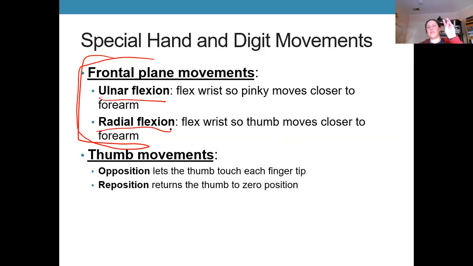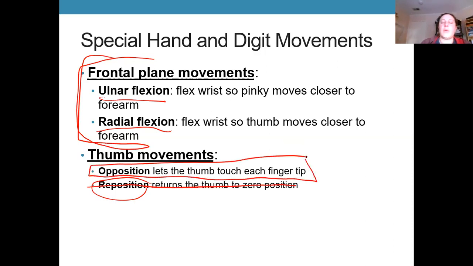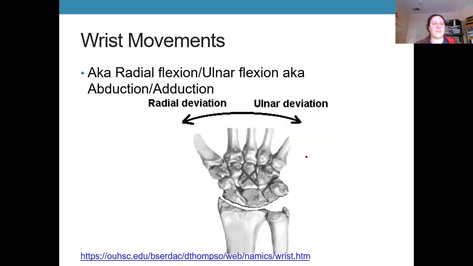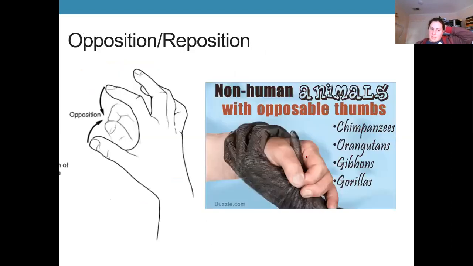It's the word we use referring to the fact that our thumbs can touch our other fingertips. And technically, reposition is what we call it when it goes back, but I don't care about that. Nobody cares about being repositionable. Opposable is the important one. So this is just showing you the radial ulnar flexion, which is stupid, but this is the interesting one.